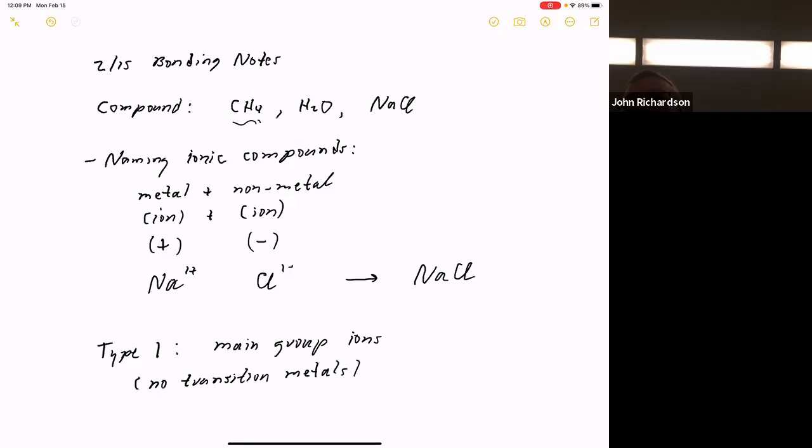Then the last one, NaCl, which is where we're going to start, is an example of an ionic compound. That's one where we have electrostatics holding these things together, in other words, differences of charge. We know, and this came from the video, that I can have sodium 1+, because sodium has a tendency to lose an electron to look like a noble gas.